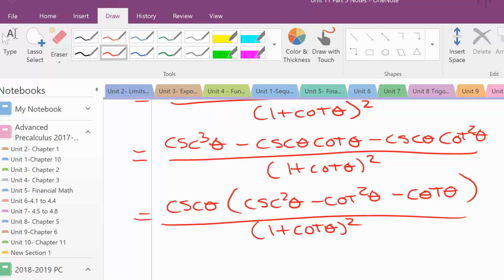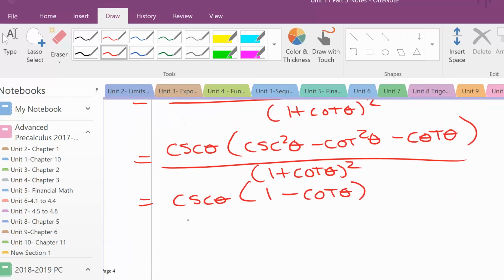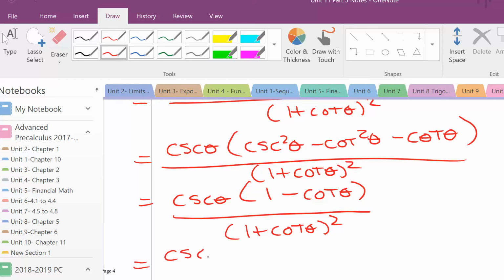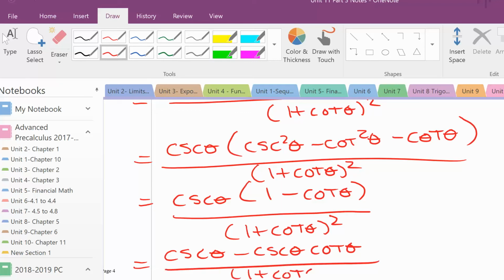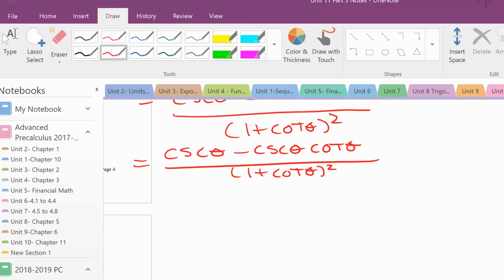Cosecant squared minus cotangent squared is 1. And then if you just redistribute, you get cosecant theta minus cosecant theta cotangent theta all over 1 plus cotangent theta squared. All right, and that is the derivative for that one.